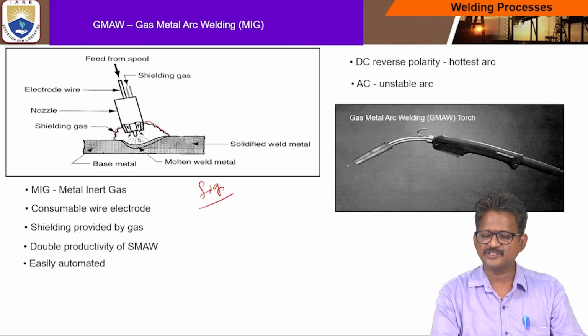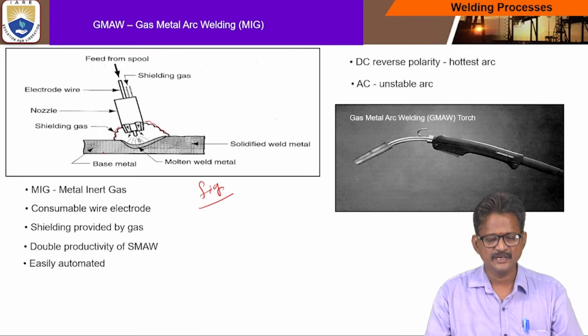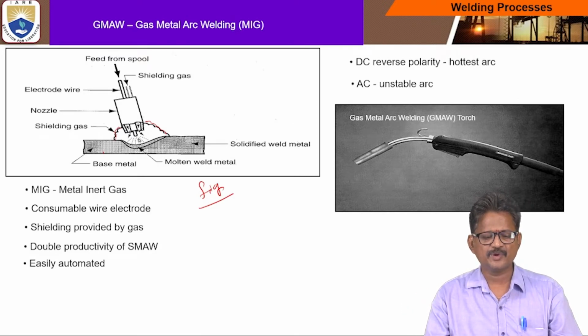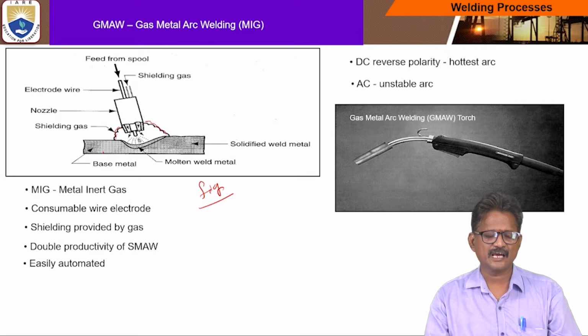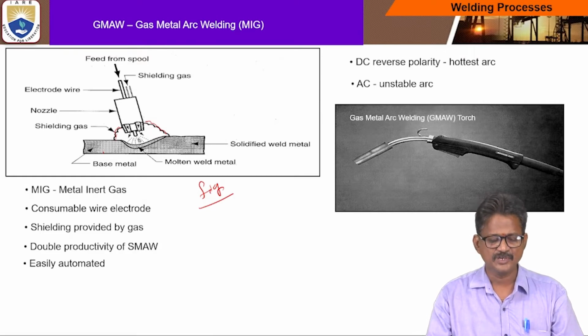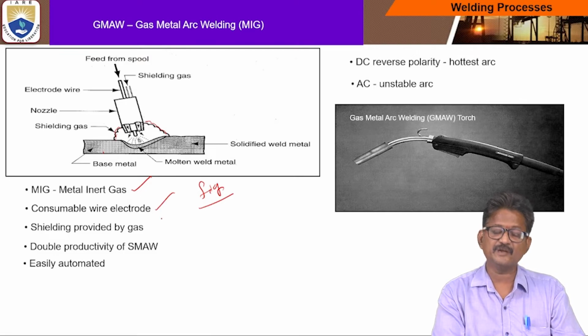As it is consumed, the electrode comes out continuously. In this process, MIG welding, there is a consumable wire electrode, and shielding is provided by the gas.